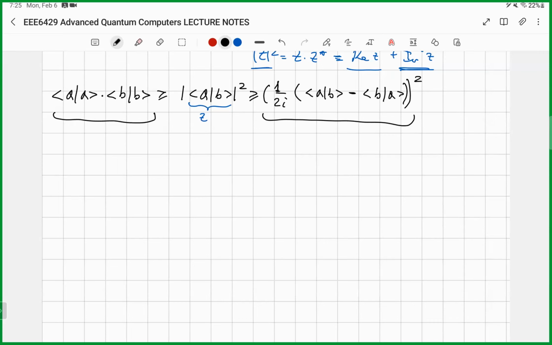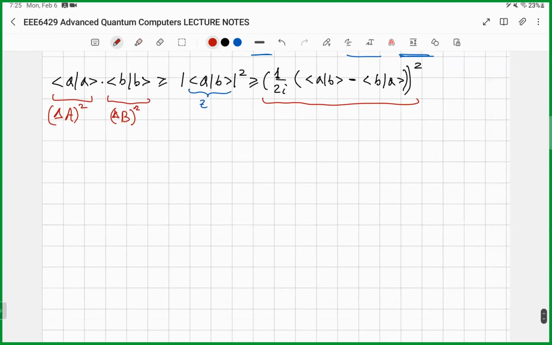So this product A times A is nothing but the standard deviation of operator A. This B times B is in the same way the standard deviation of operator B. And our goal is to find the product of these two, and it's larger than this part here, and we just need to calculate this part.